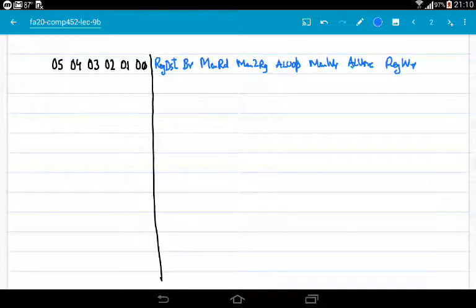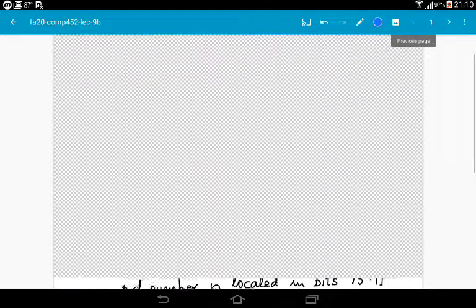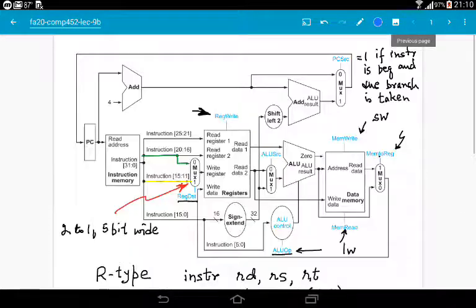Remember, I said this PC source is going to be one of the outputs of the main controller. Actually, PC source is not a direct output of the main controller.